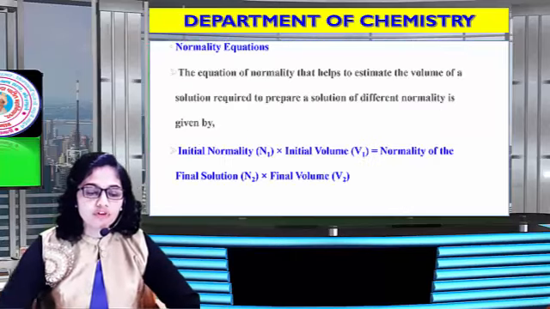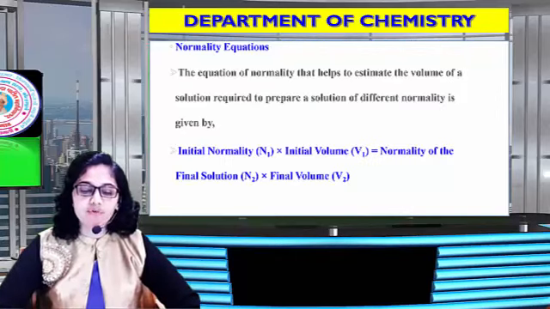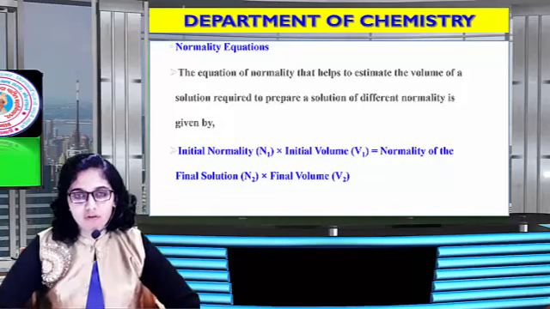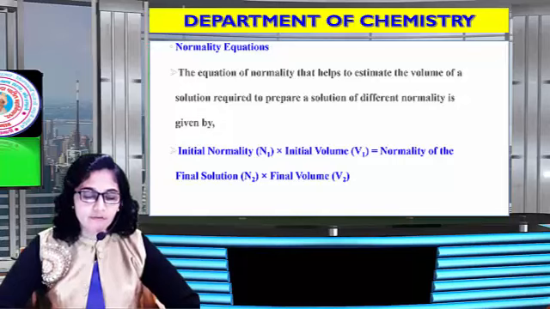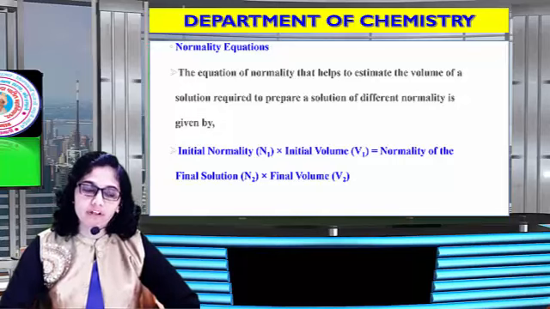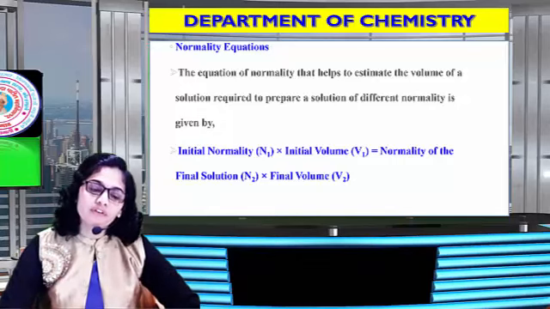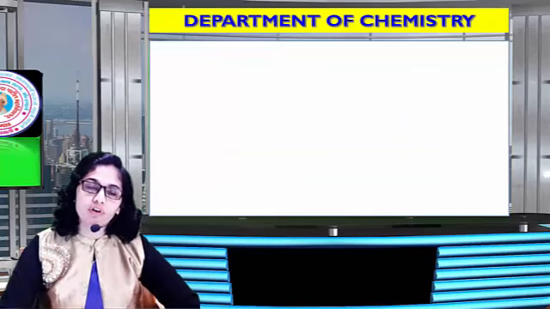The equation of normality helps to estimate the volume of solution required to prepare a solution of different normalities, and it is given by N1V1 = N2V2. Suppose four different solutions of the same solute, with different normalities and volumes, are mixed.